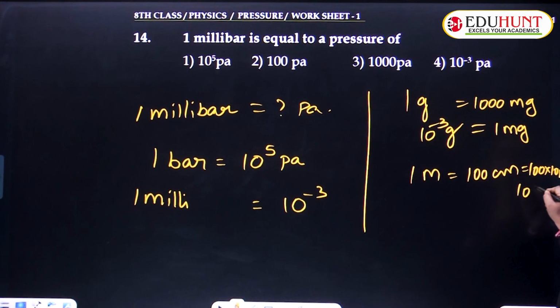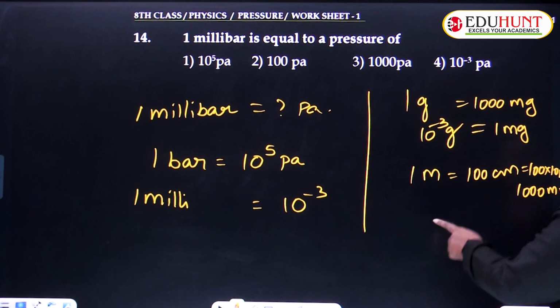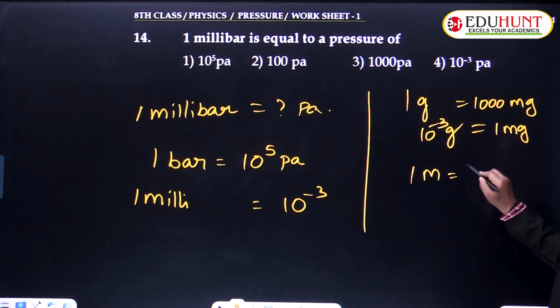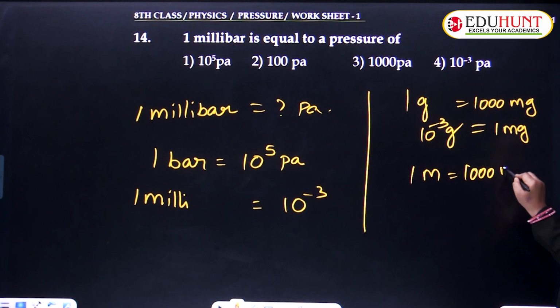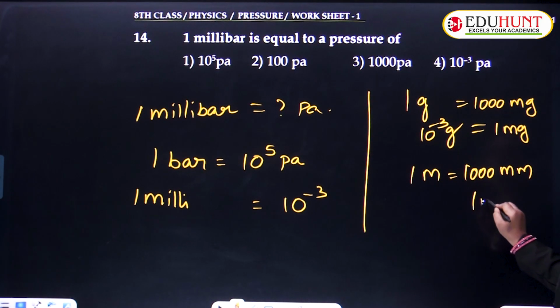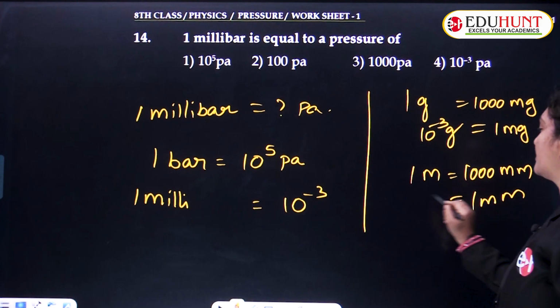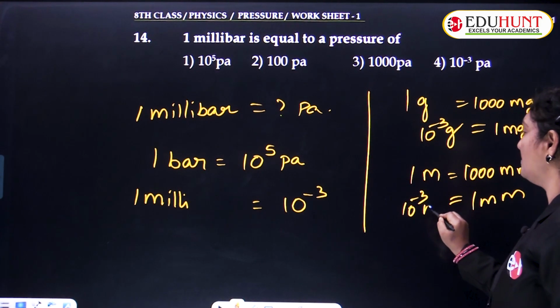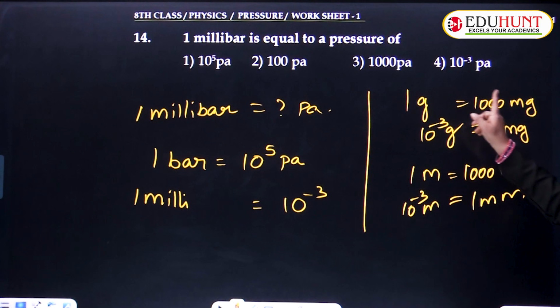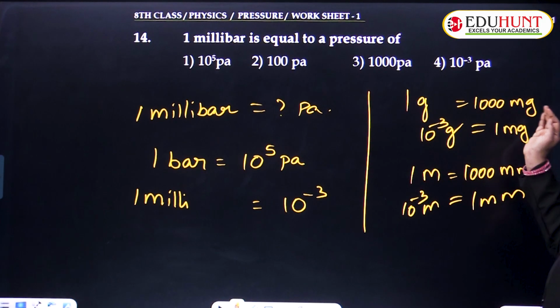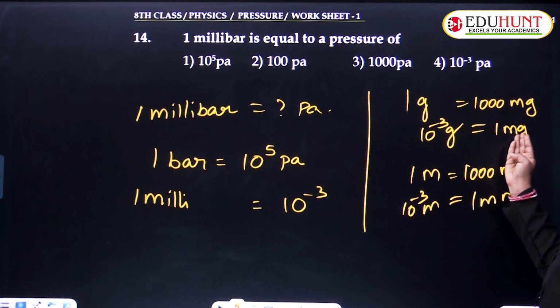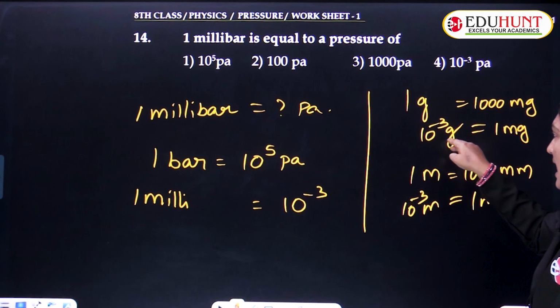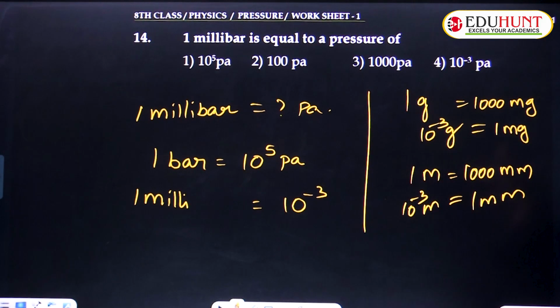So 1 meter is equal to 1000 millimeters, or 1 millimeter is equal to 10 power minus 3 meters. Whenever you want to convert milligram into gram, you multiply with 10 power minus 3.